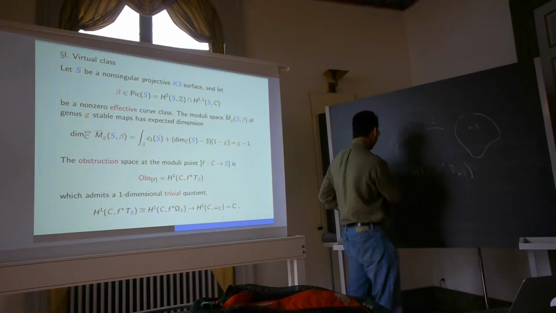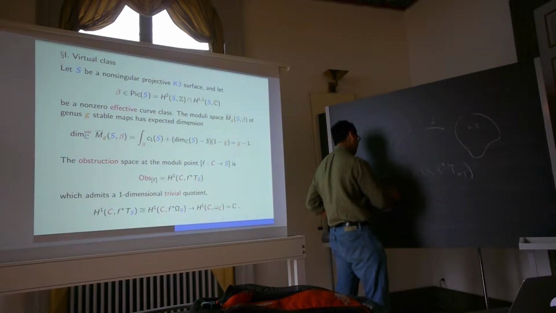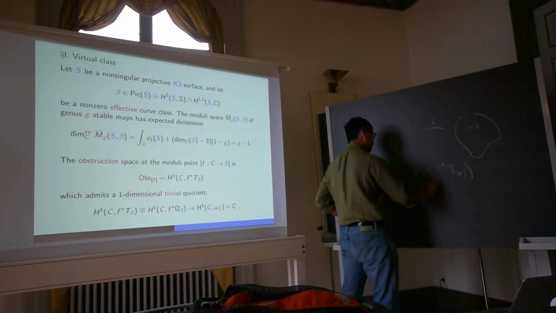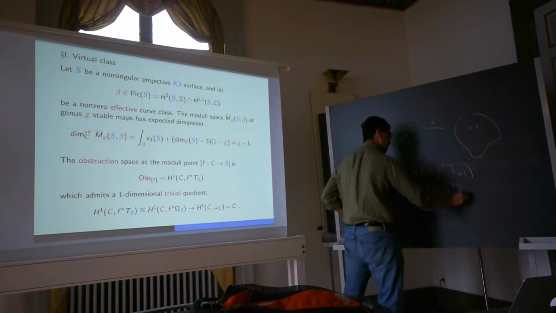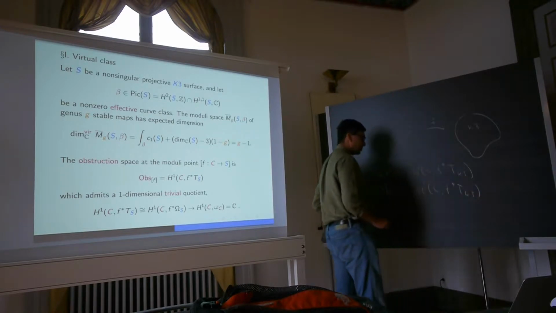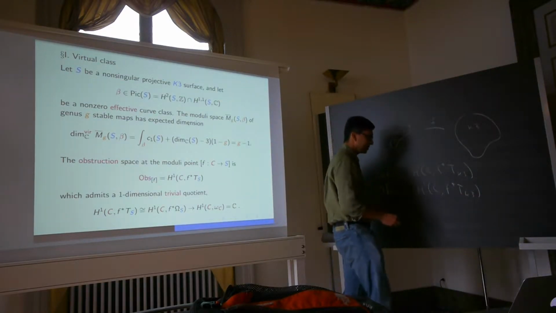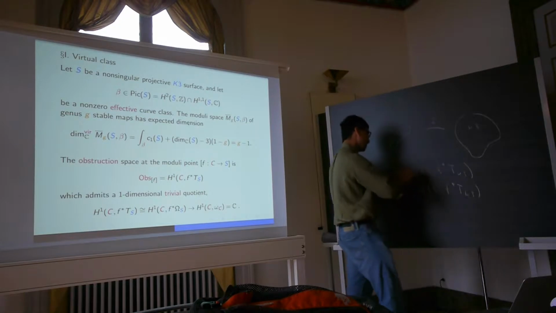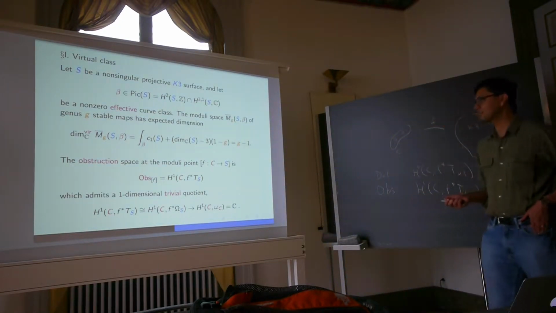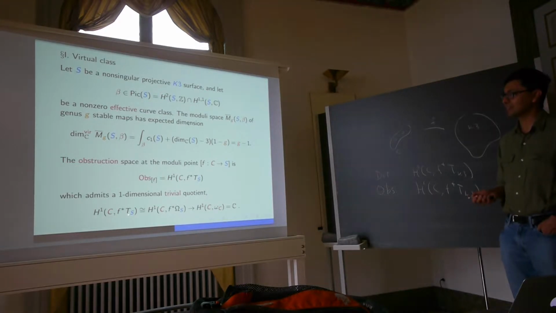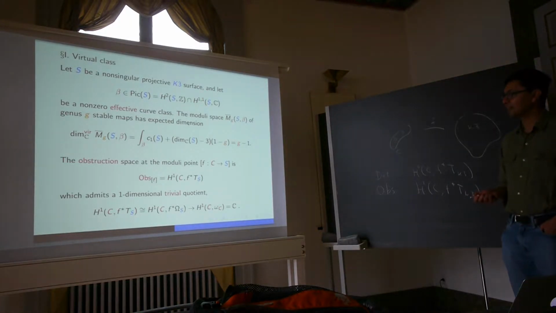So that's the deformation space, and then there's an obstruction space. To understand what this means is a much more subtle business. It has to do with deformation theory in algebraic geometry. But one imagines this moduli space, this is the deformation space, that's the obstruction space. And what happens for a K3 surface is something slightly magical. This obstruction space admits canonically a one-dimensional quotient.